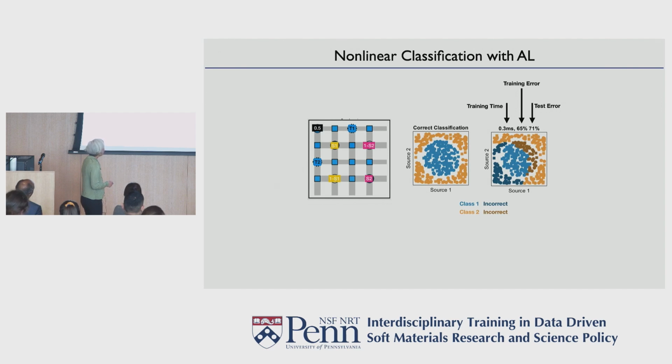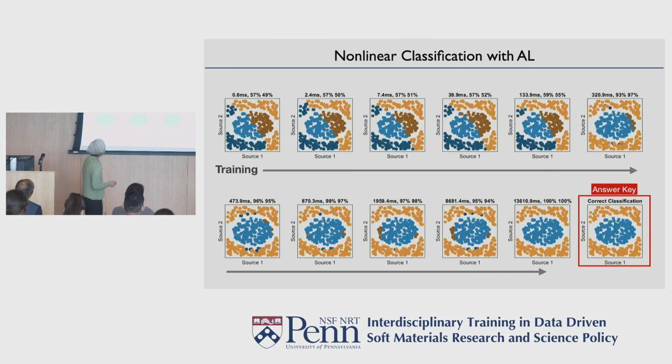The correct classification is to figure out what's inside and what's outside the circle. You start training it, and eventually it gets everything right. And this is just the process of it learning.